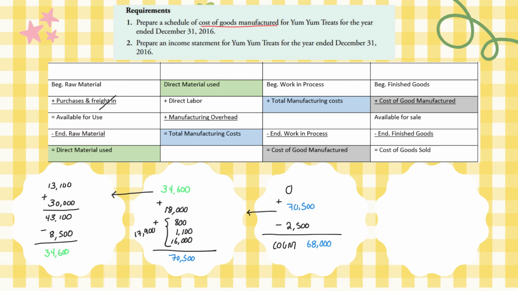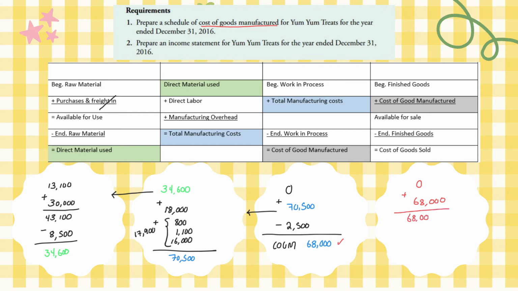So since I can see here the cost of goods sold formula, this one, the last column, let's find it, okay, so that we can use it for the next slide. Beginning finished goods is 0 plus cost of goods manufactured, which is this one, 68,000, available for sale, so it's 68,000.